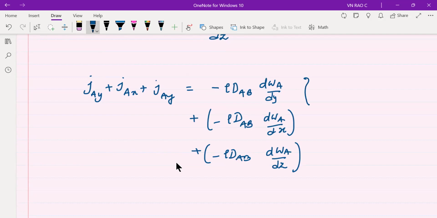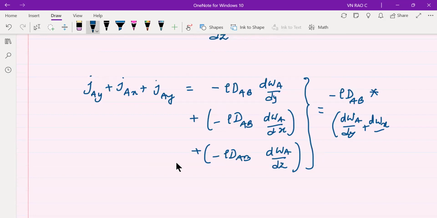So put together, we can say minus rho D_AB can be taken as common, multiplied by dW_A by dy, dW_A by dx, sorry, dW_A by dx, dW_A by dz.